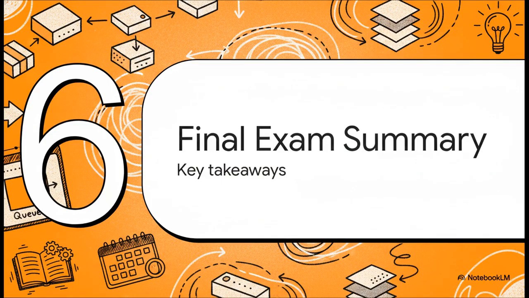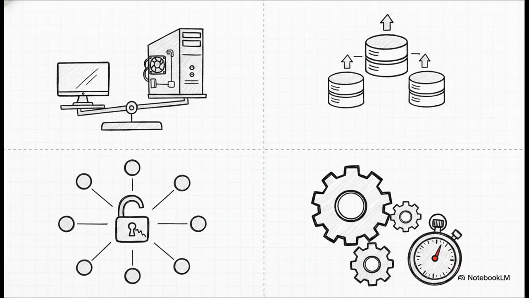And that brings us to Section 6, your final exam summary. We've covered a vast amount of technical ground today, so let's initiate our ultimate masterclass recap to solidify exactly what you need to retain when you sit down for your exams between September 5th and 9th. Here are your absolute must-knows. 1. You must be able to contrast the heavy network traffic of a thin client against the management nightmares of a fat client. 2.